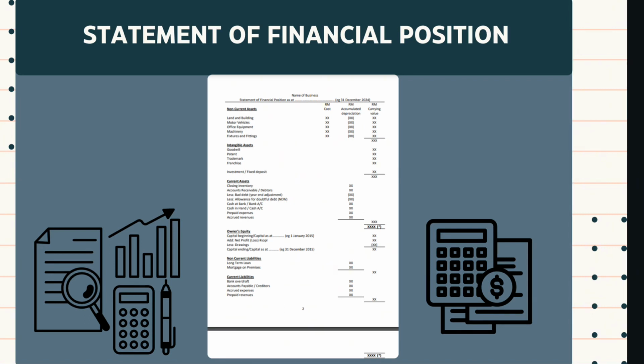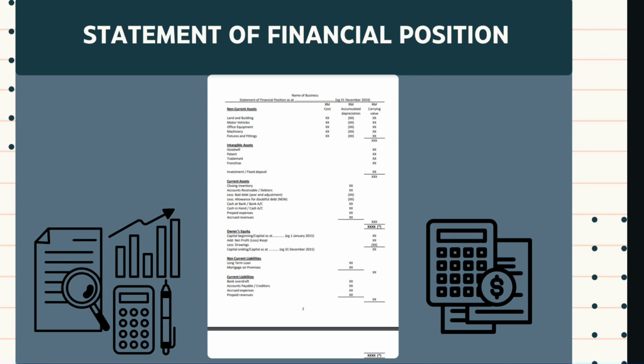This means that everything a company owns is financed either through debt or shareholders' investment. By analyzing this statement, we can assess a company's liquidity or its ability to meet short-term obligations, as well as its solvency or its ability to pay off long-term debt.